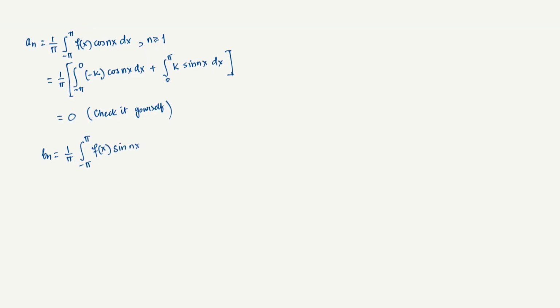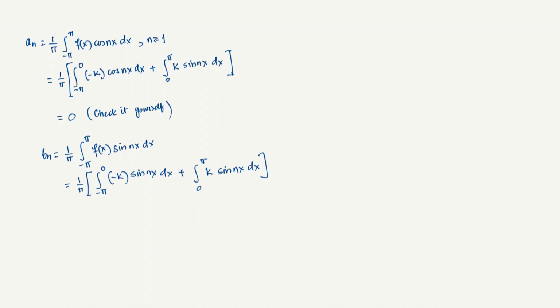If you want to write it, it becomes 1 by pi, minus pi to 0, and then minus k times sine nx dx, plus, let me put it in a bracket, the integral 0 to pi of k times sine nx dx. I hope this is correct and I am not making any mistakes here.